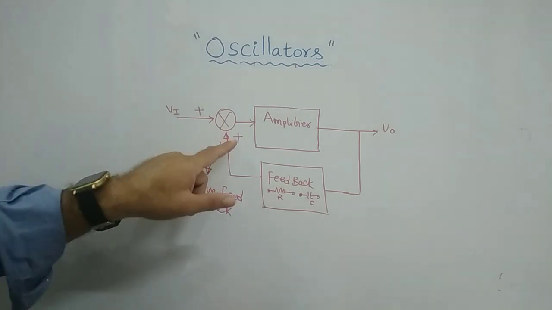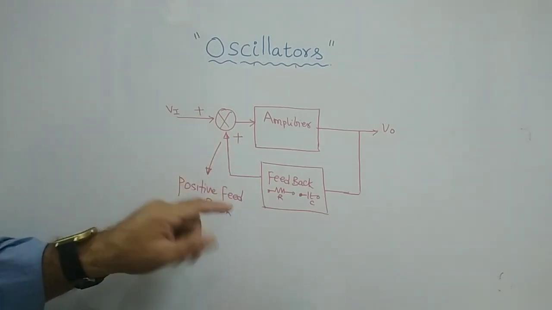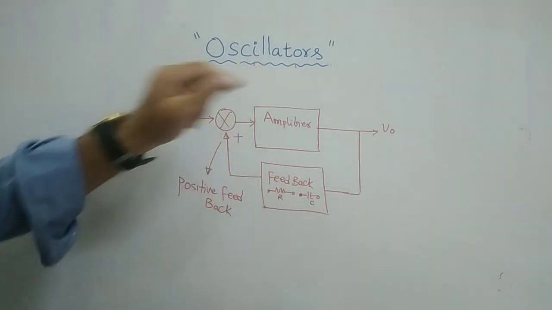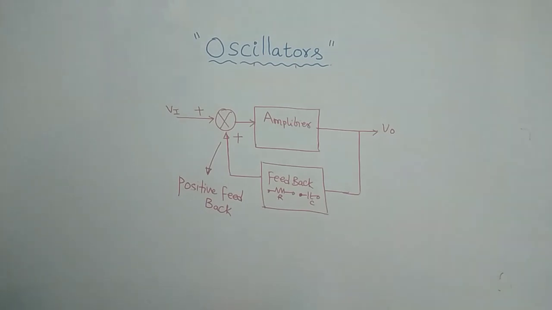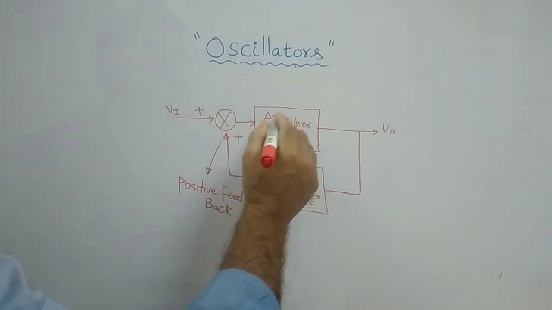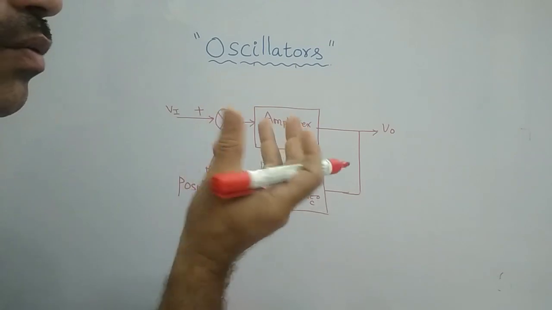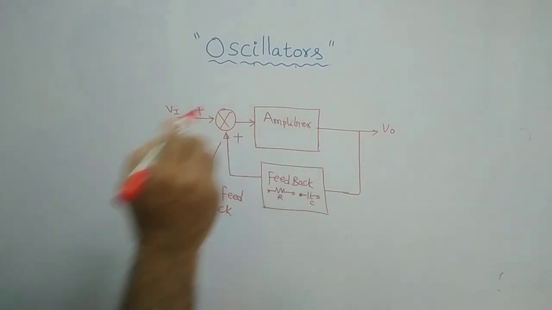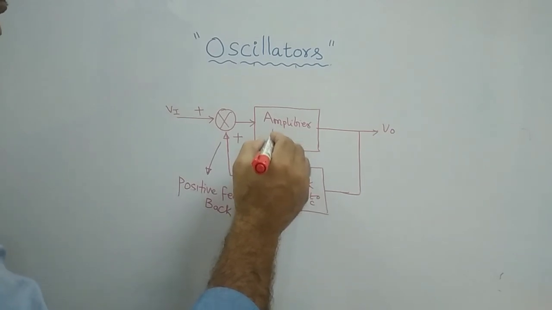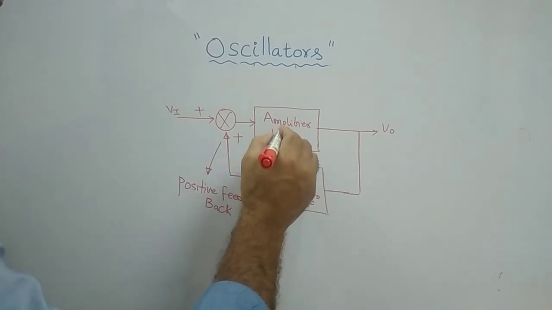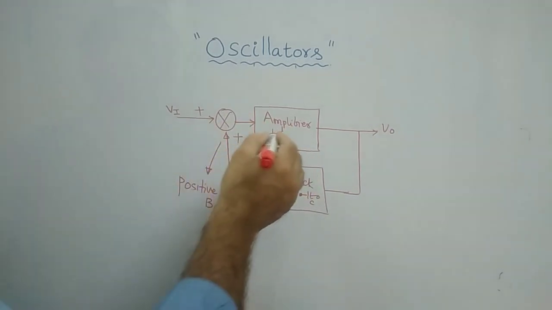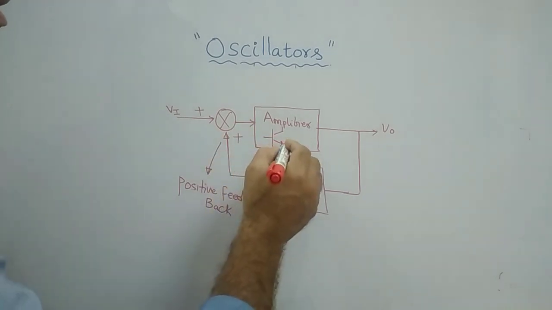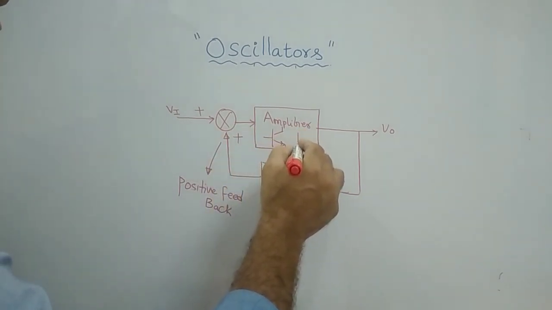Positive feedback is the only one used in oscillators. Clear? So in this amplifier, as we have studied so far, you can use a transistor, that is BJT, or sometimes you can use an FET also.